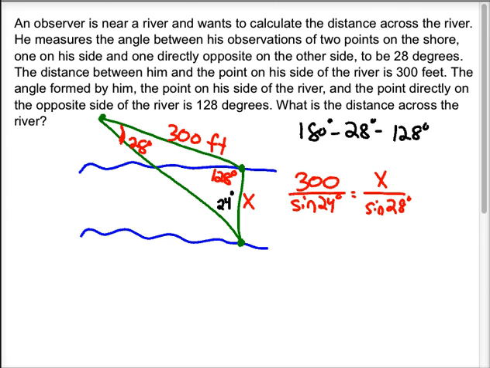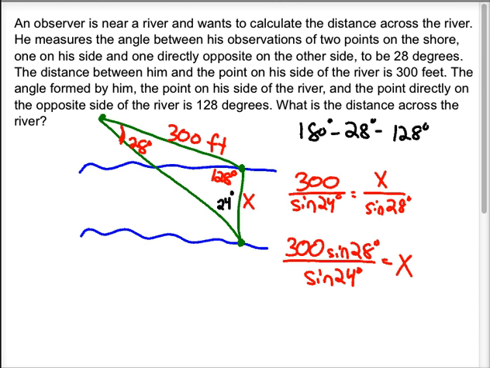And now, algebraically, I just have to multiply by that sine of 28. Divided by sine of 24 degrees to get the x by itself.